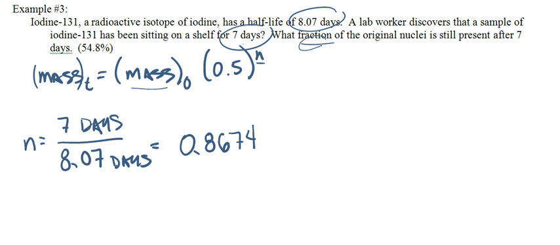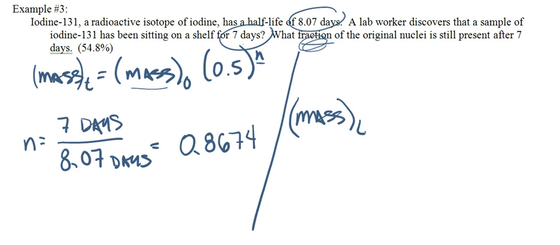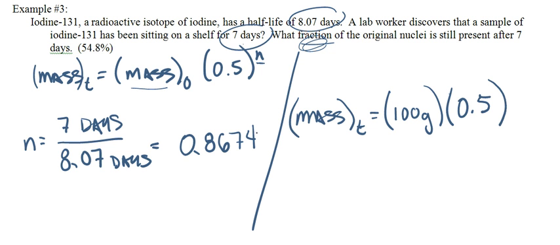Since we're looking for a fraction or a percent, let's use a good number here. For my mass at some point in time, let's say I had a 100-gram sample. I just love 100 or 1, but 100 is nice here because we're looking for a fraction or percent. Then I'll put in my 0.86, whatever's still on my calculator.